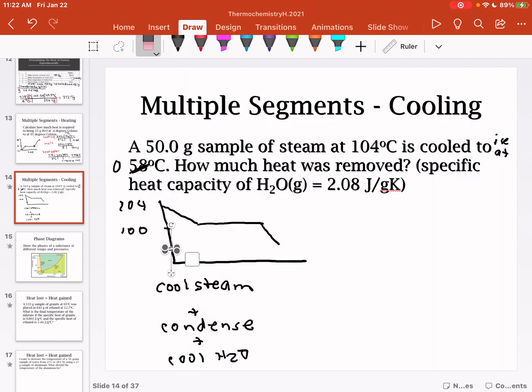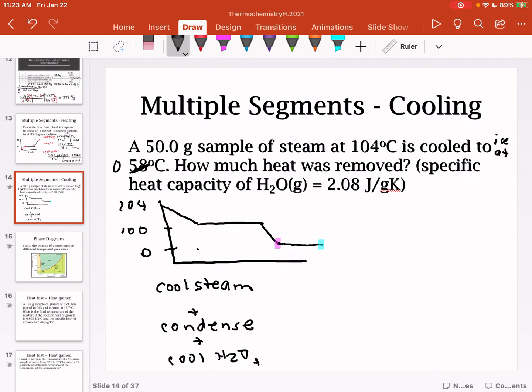And if you notice, it said we want to have ice. So at this moment in time, right here, I have liquid water at 0 degrees Celsius. I want to have ice at 0 degrees Celsius. So I need that very last little segment, and at this blue spot right here, that's going to be ice at 0 degrees Celsius. So I have one more segment that I have to do.